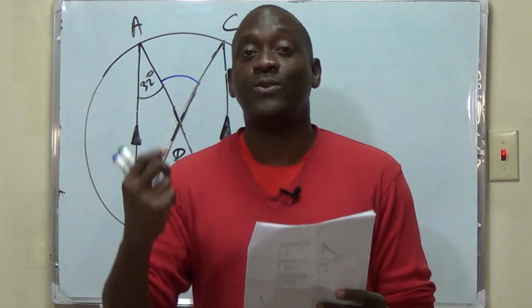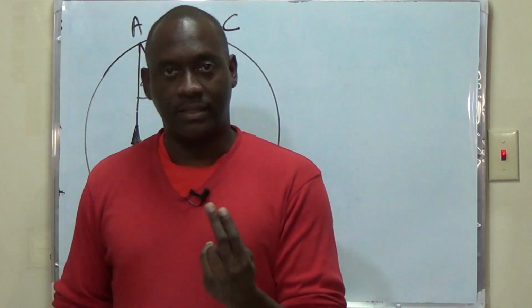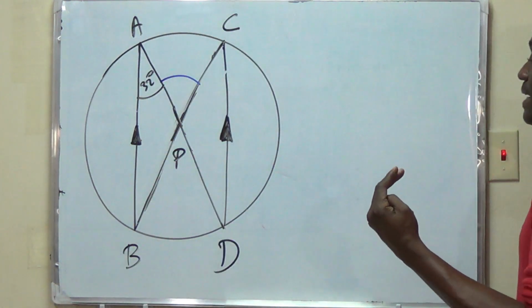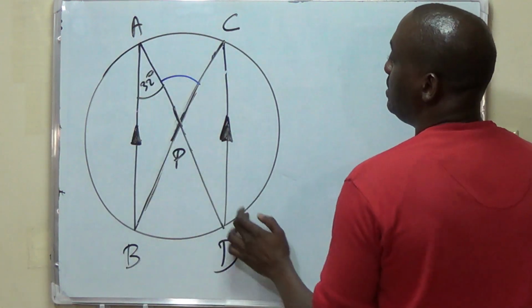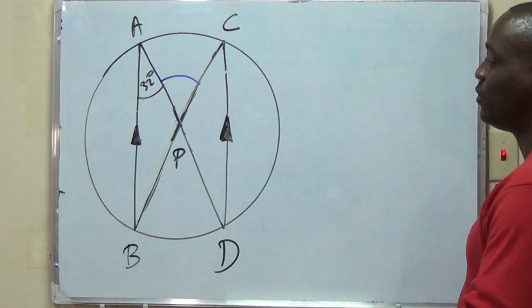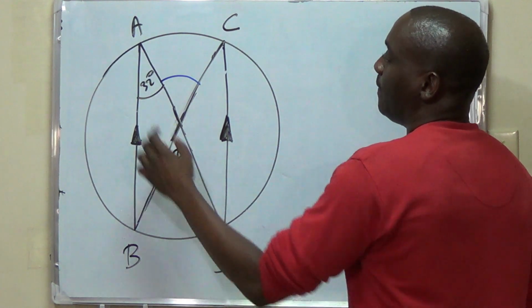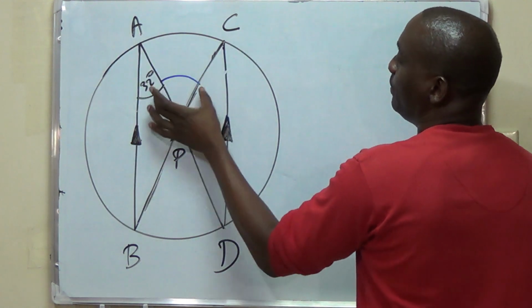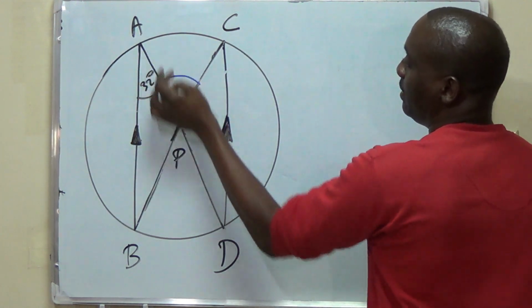The angle is always at the letter in the center. So if you look at angle BAD, the angle at the center, 32 degrees. So by the same logic, angle APC would be this angle here, right?